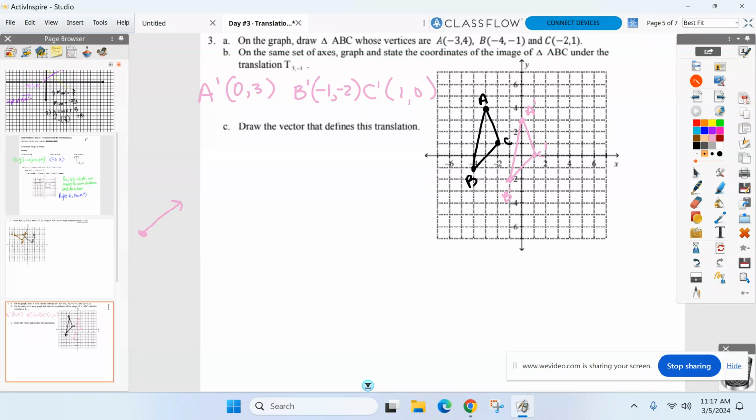What a vector does, it tells you the distance and direction you moved. So I could have a vector that looks like this. I move this distance in this direction. So how can I come up with a vector that's the right size and pointing in the right direction, that I went 3, -1? What's that going to look like? Because it's got to be as long as the distance we traveled and the direction we traveled.